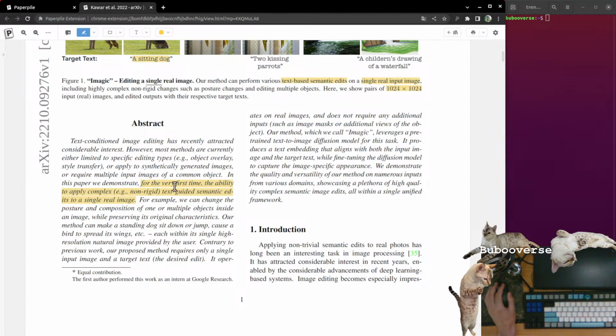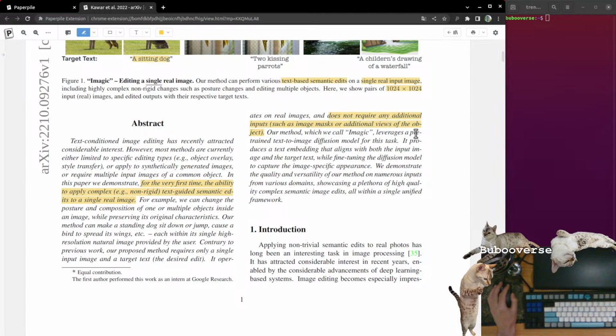Okay. I think it depends on your definition of that, because I've seen variations of this before. Blah, blah, blah. Contrary to previous work, our proposed method requires only a single image and a target text. Does not require any inputs such as an image mask or additional views of the object.